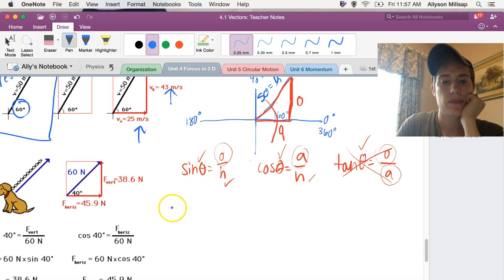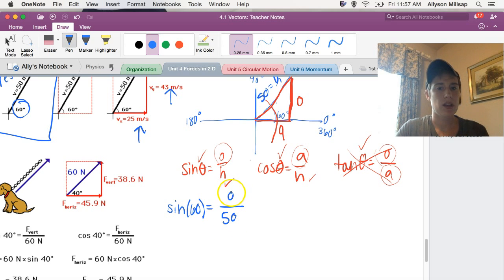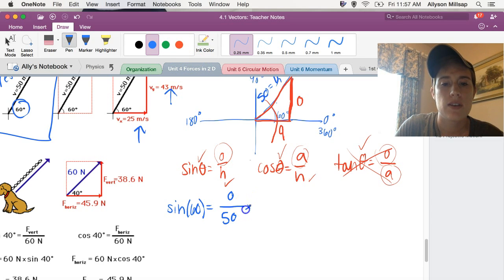So let's start with sine. So the sine of our angle, what's our angle? 60 degrees, okay, is opposite, which we don't know, over hypotenuse, which we do, okay? So I'm looking for opposite, so I want to rearrange to solve for opposite. So I want to get the 50 on the other side. So let's multiply this by 50.